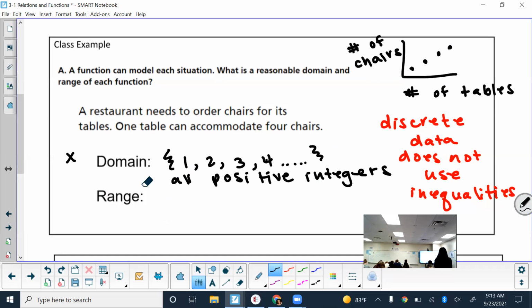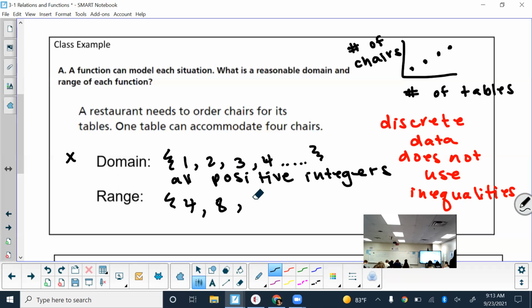Now for the range, what's the minimum number of chairs that I'm buying? 4 chairs. 4, because if I buy 1 table, it's 4 chairs. Is it going to go 4, 5, 6, 7? That wouldn't really be reasonable, right?